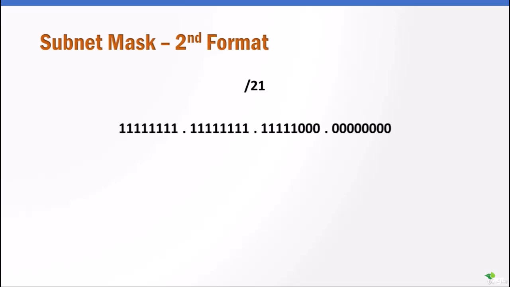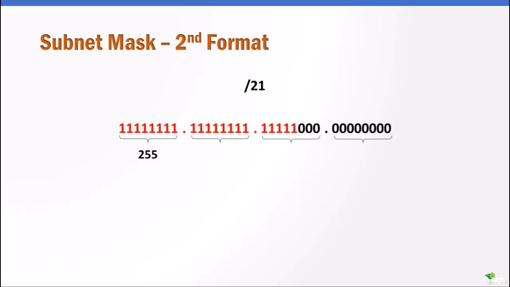So a mask can actually be written the same way as an IP address. /21 equals 21 ones and 11 zeros. And the way you would write that or type that in when configuring a router would actually be like this.